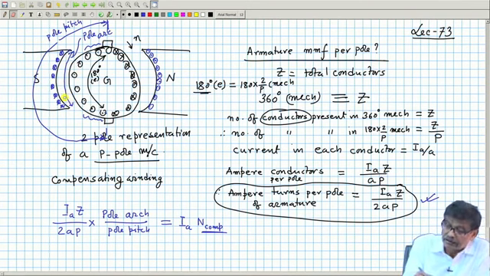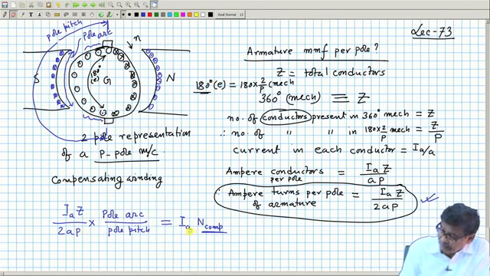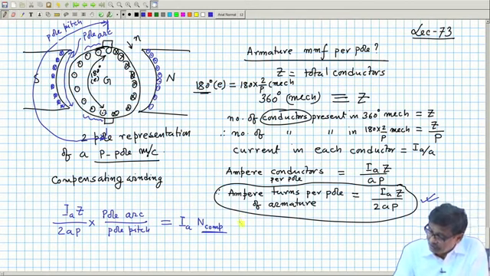This into pole arc by pole pitch, this ratio. Then per pole you have to put I_A N compensating, where N compensating is the number of turns of this compensating coil. Hence, N compensating turns can be calculated. It will help me to calculate that.